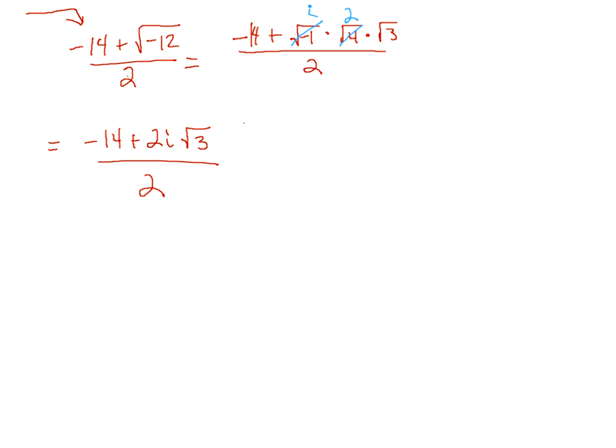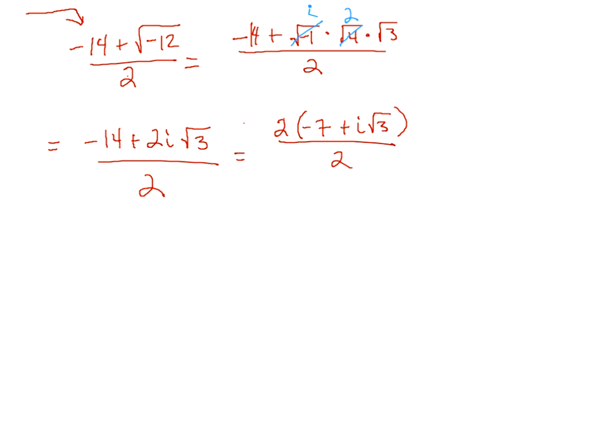I can only divide things that are multiplied. So if I want to divide a factor of 2 out of all of these things, I've got to have a factor of 2 in the numerator that I'm dividing out. So if I factor the numerator and pull a 2 out, I'm left with negative 7 plus i square root 3 over 2.